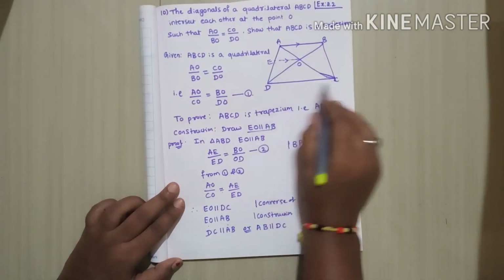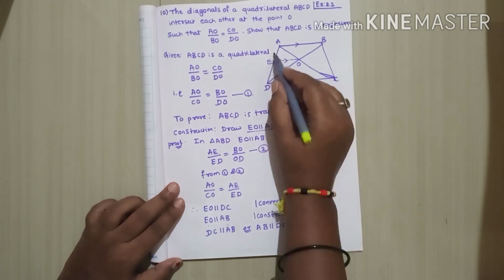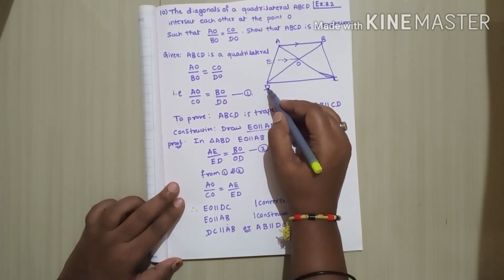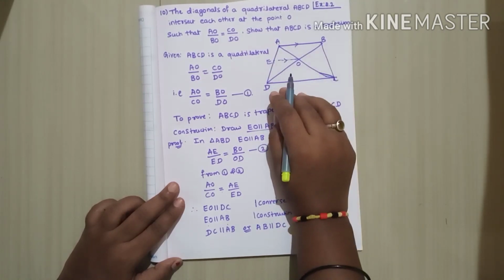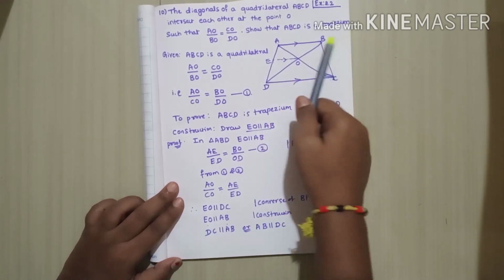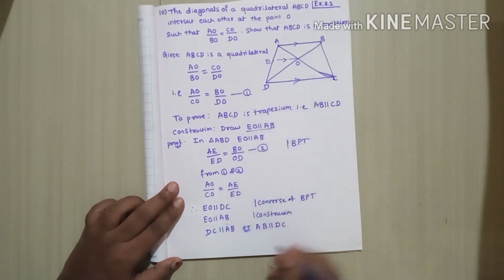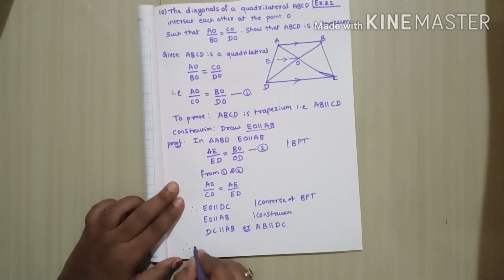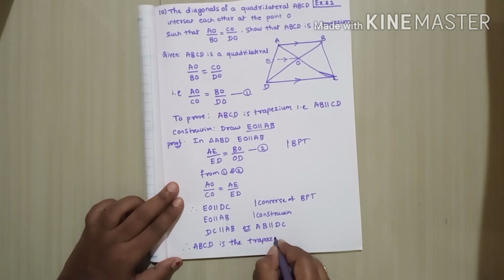If AB is parallel to CD, it is understood that ABCD is a trapezium. Trapezium means what? In a quadrilateral, one pair of opposite sides are parallel. So AB is parallel to CD means it is understood that ABCD is a trapezium.